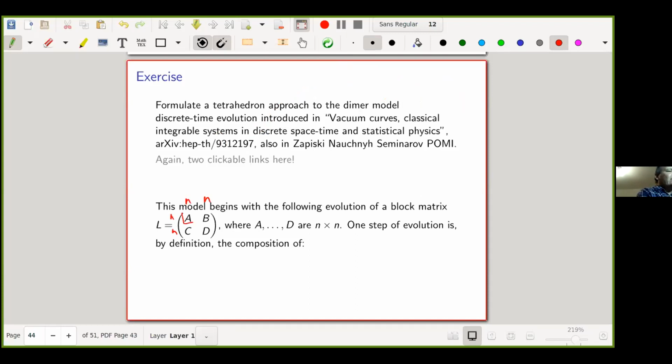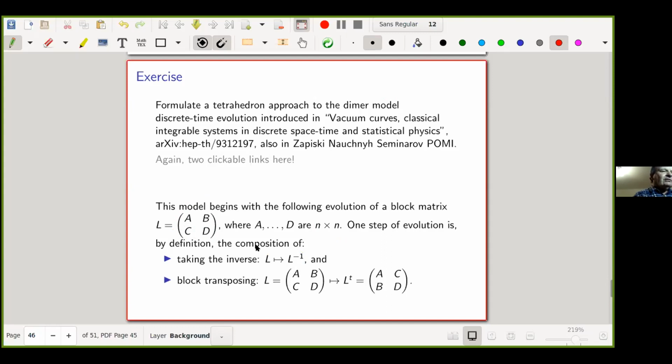All matrices are square, all submatrices of this block matrix are square and of the same sizes. And one step of evolution is the composition of two things. First you just take the inverse, and second, you block transpose these two blocks.